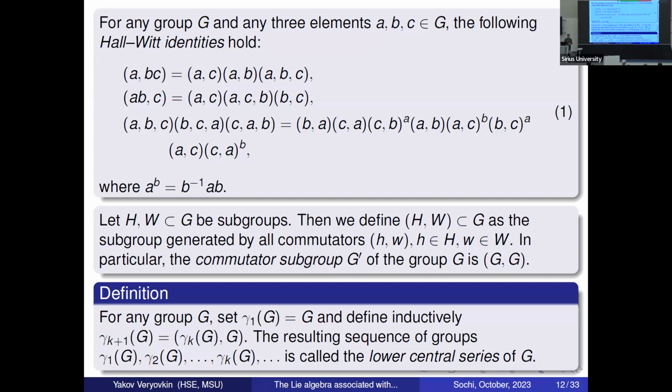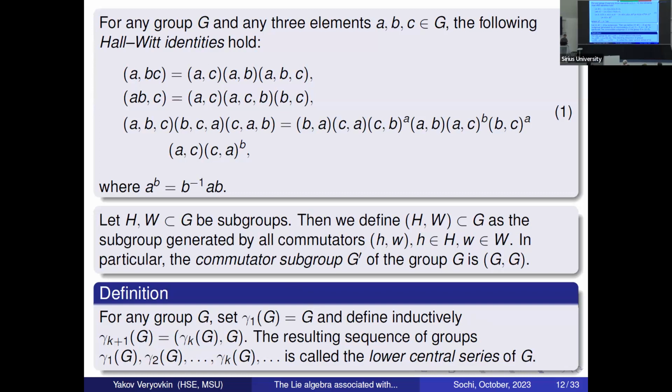We have the definition of the lower central series of a group G. For any group G, set gamma 1 of G to be G and define inductively gamma k+1 of G as [gamma k of G, G]. The resulting sequence of groups gamma 1, gamma 2, and so on is called the lower central series of the group G.